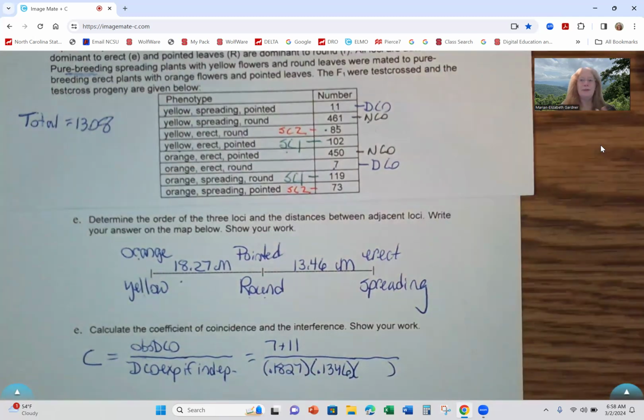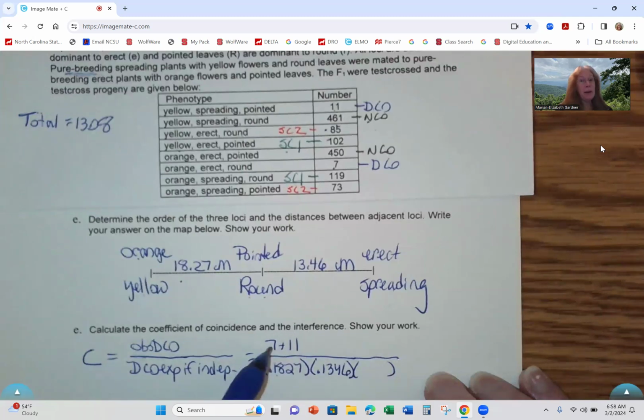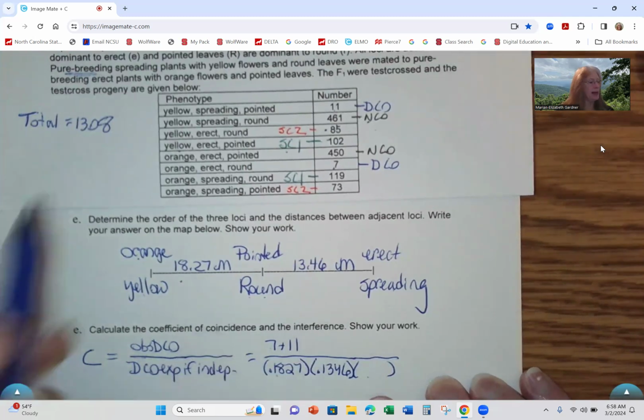Remember, if two things are independent, the probability that they occur at the same time is the product of their individual probabilities. So 0.1827 times 0.1346 is the probability of getting a double crossover. But we need apples and apples. We have numbers of double crossovers in the numerator, so we need numbers of double crossovers in the denominator.